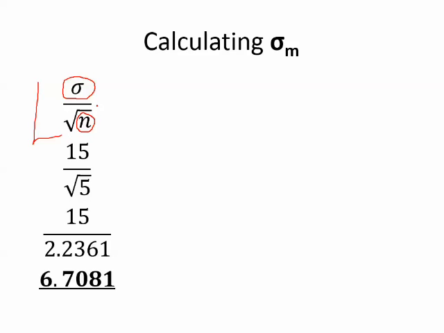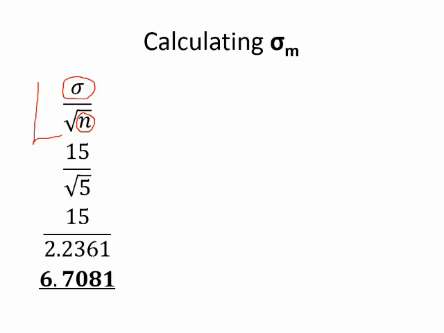And this square root is going to have a very interesting function for us. But let's just look at what happens. If we have a standard deviation of 15, just like our IQ scores, and a sample size of 5, so we've selected 5 people from the population and asked for their IQs, the question is, when we select a sample of 5, how far from the population mean would we expect this sample mean to be on average?